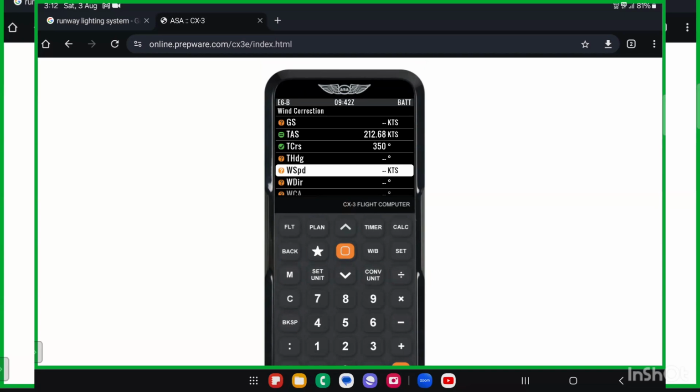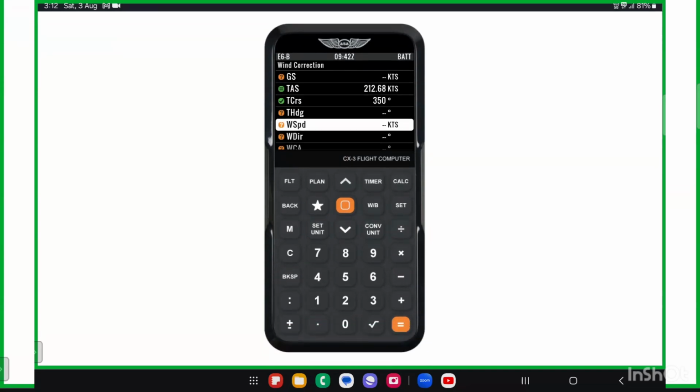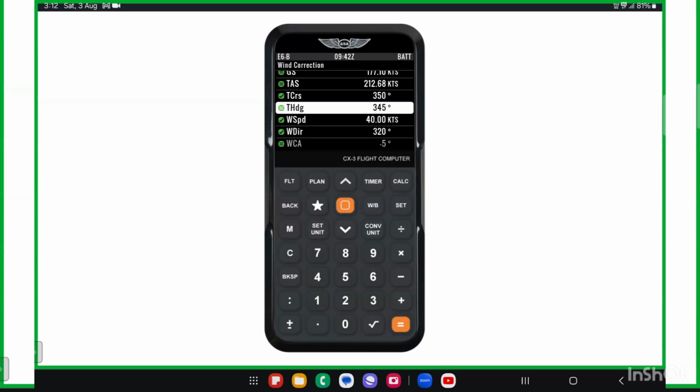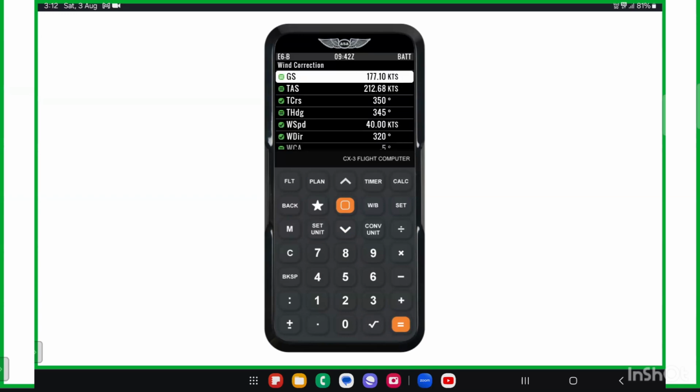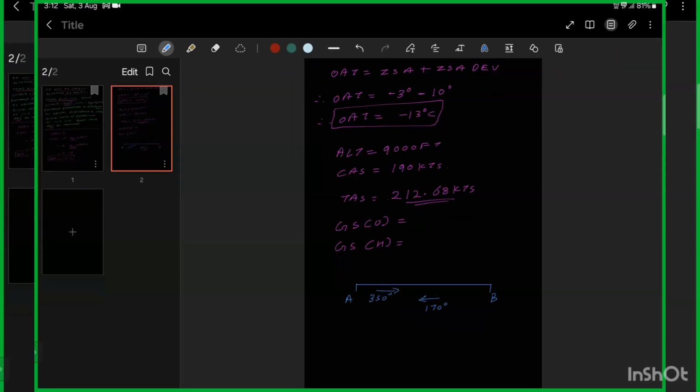How much is the wind speed? 40 knots. Wind direction is 320. We got the ground speed out 177.10. So let's write it down.